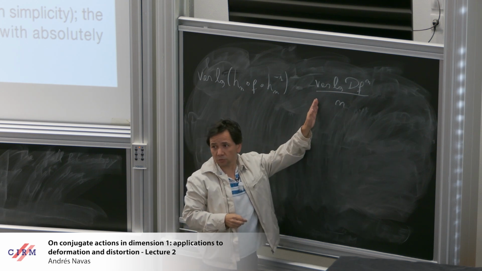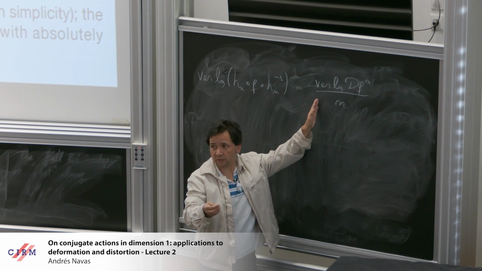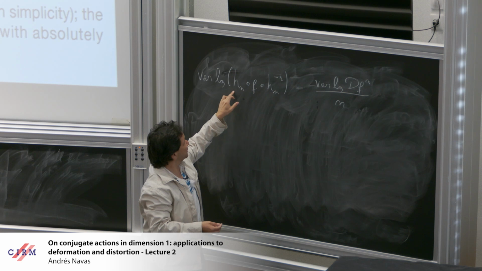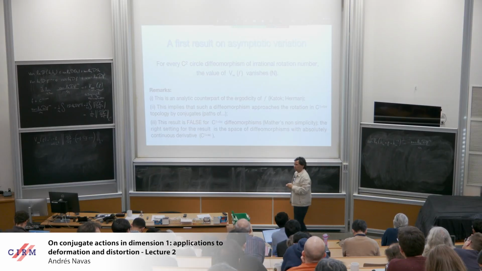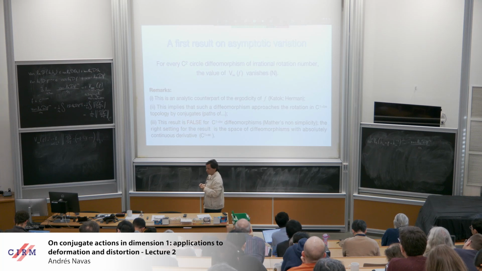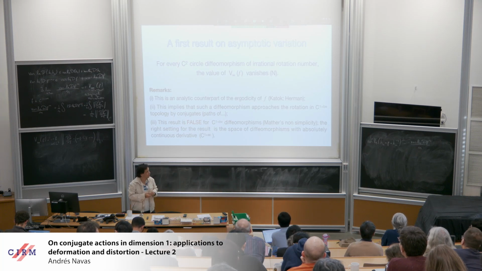So if this goes to 0, which means that the asymptotic variation vanishes, then this goes to the rotation in C1 plus, say, bounded variation topology, or C1 plus absolutely continuous topology, in case you are C1 plus absolutely continuous.